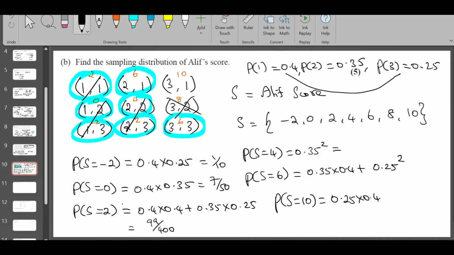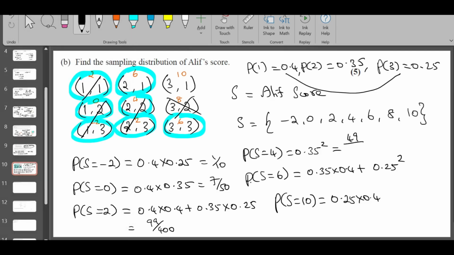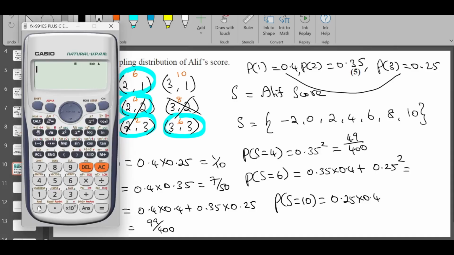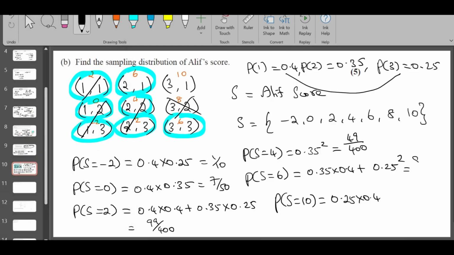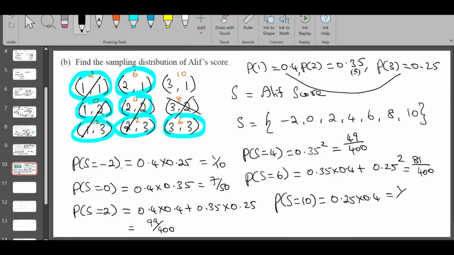And then this: 0.35 squared is 49 over 400. And this: 0.35 times 0.4 plus 0.25 squared is 81 over 400. And this: 0.25 times 0.4, which we calculated here already, is 1 over 10.